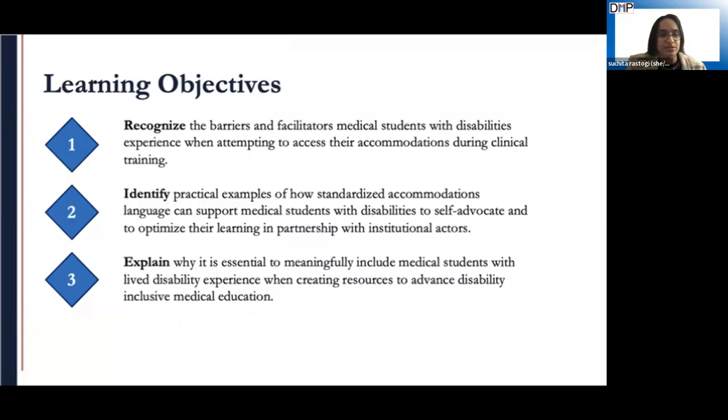Second, identify practical examples of how standardized accommodations language can support medical students with disabilities to self-advocate and to optimize their learning in partnership with institutional actors. And then finally, explain why it's essential to meaningfully include medical students with lived disability experience when creating resources to advance disability inclusive medical education.